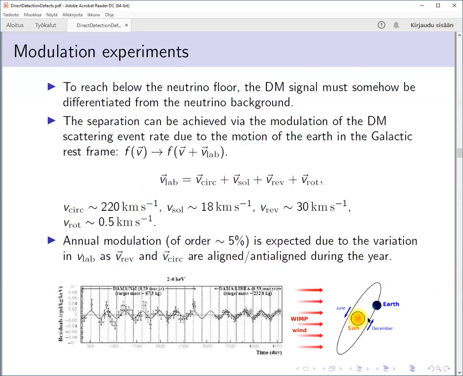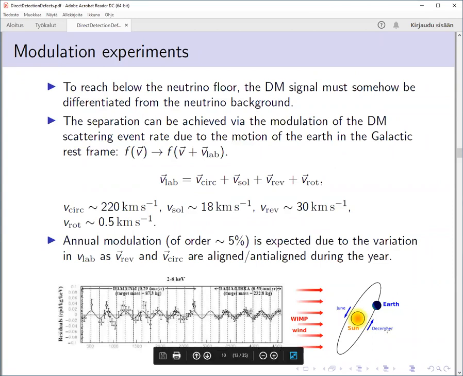All right, to circumvent this solar neutrino background, we can try to use the timing information. So in addition to the energy spectrum that looks similar for the neutrinos and the dark matter, we can try to use the timing information.